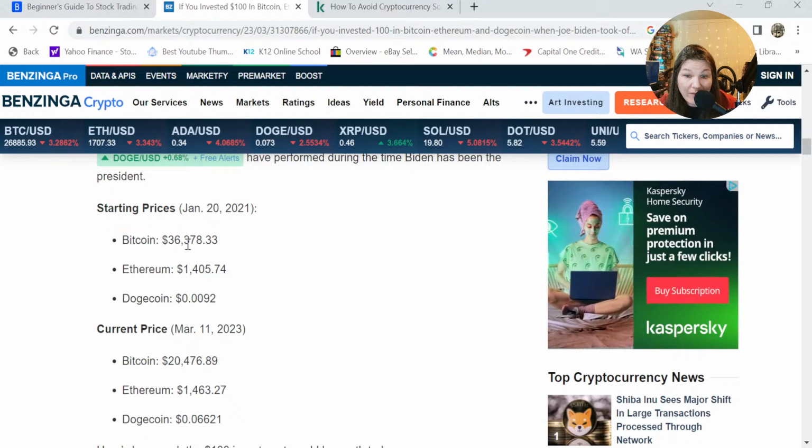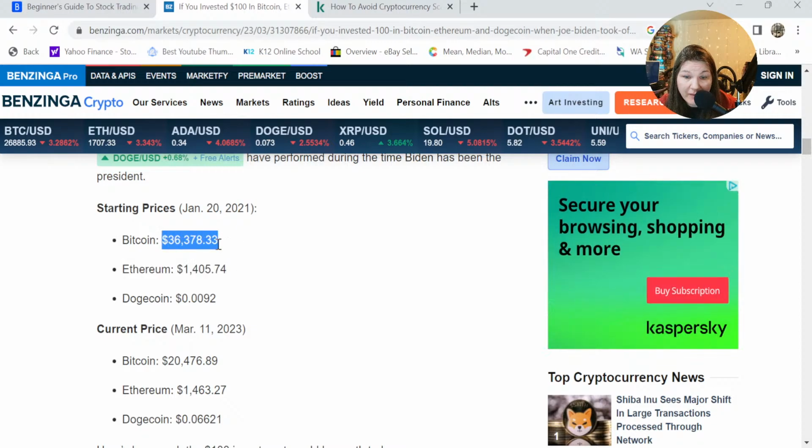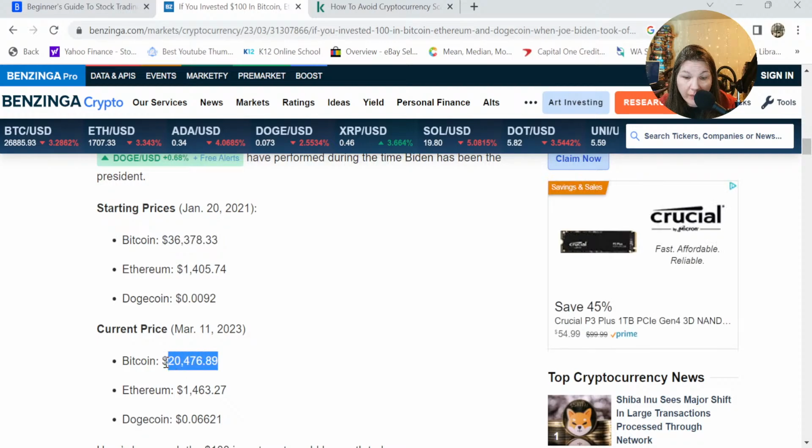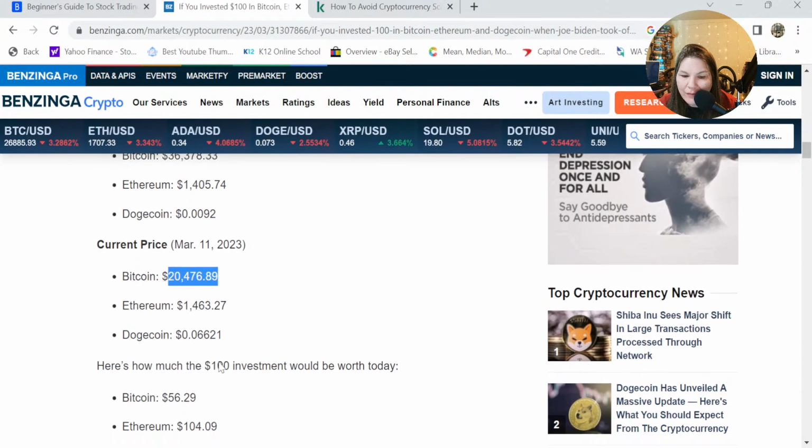So if you invested in one Bitcoin, you would have paid $36,000 when Biden became president, and now your Bitcoin would only be worth $20,000. Do you see how your money would have lost $16,000 in 2 years? That is how people lose their shirts. You cannot put all of your money into one place, but you also cannot be afraid of losing money because, guys, there's other things to look at.